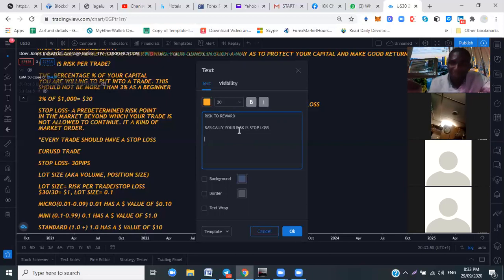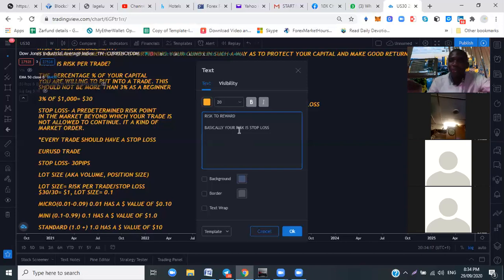We have seen the trade, we have done our calculations and our analysis, and we have seen that there is a very good possibility for us to get a reward from that trade. That is why we are taking a risk with our money.